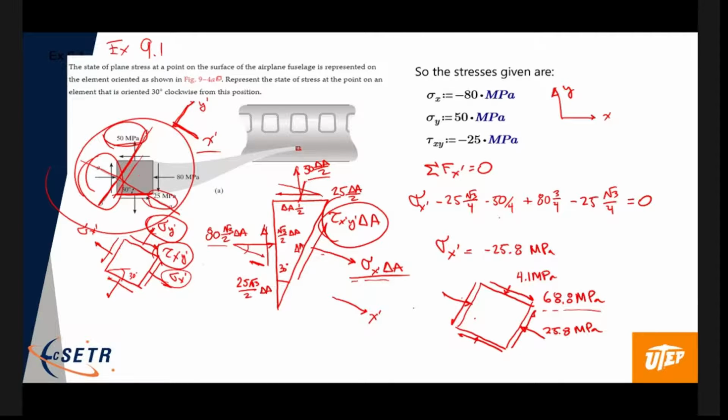Again, if this material is going to fail, it fails with this stress state or with this stress state. Obviously, what the components are don't really matter to whether it fails, okay?